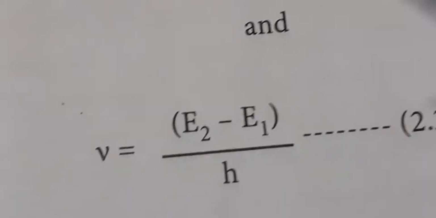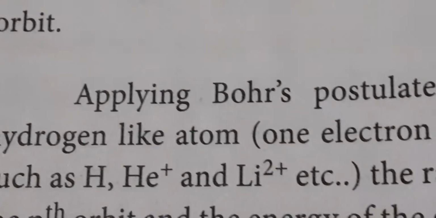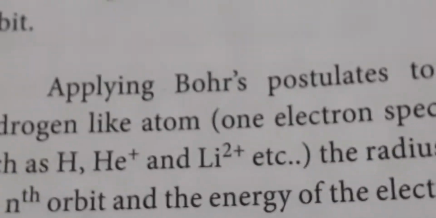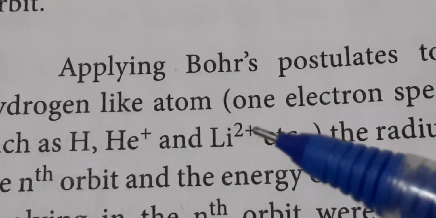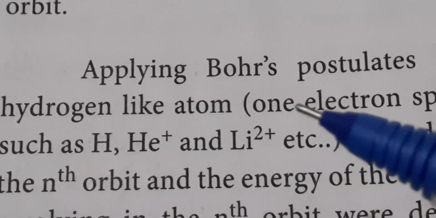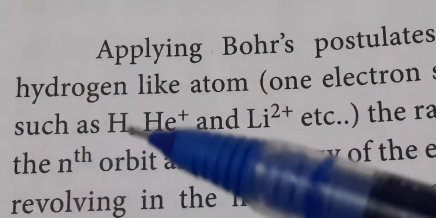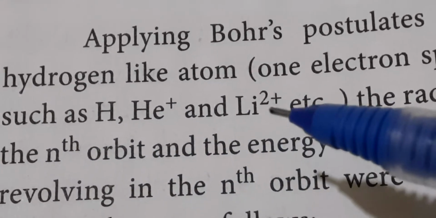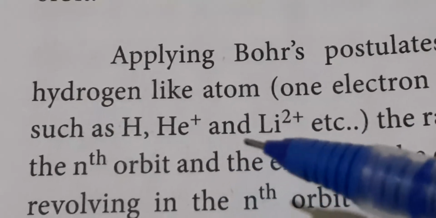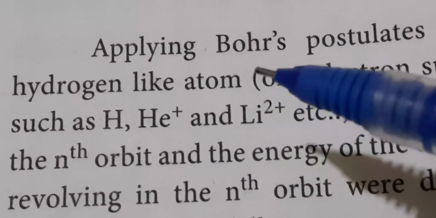So applying Bohr's postulates to the hydrogen-like atoms, that is the atoms having only one electron such as hydrogen, helium plus ion, lithium 2 plus ion. These are the hydrogen-like atoms having one electron.